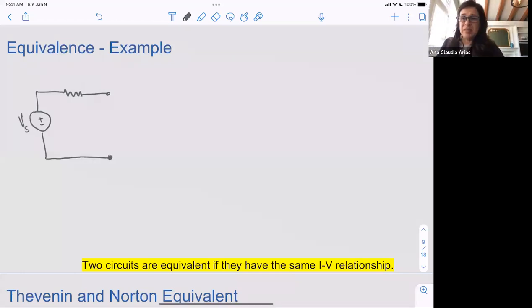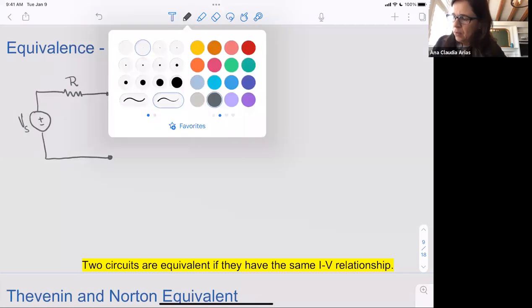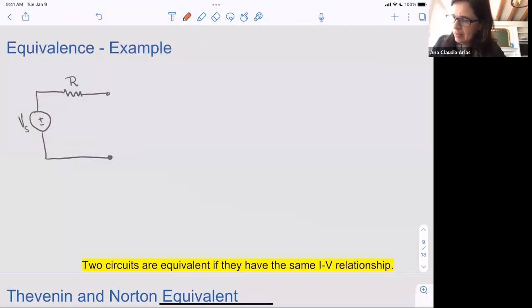And this is part of design, so I know that my resistor is R. And what I want to know is what would be I element and what would be V element when I'm doing the analysis here, such that I can figure out what's the equivalent circuit for some building block.